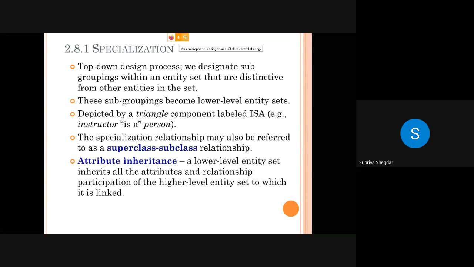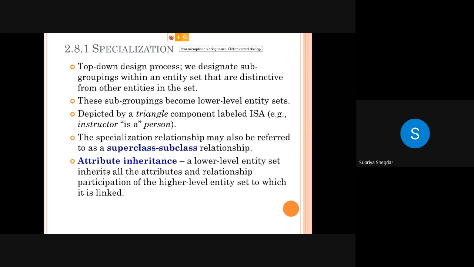In specialization, we designate subgroupings within an entity set that are distinctive from the other entity sets. We move from top to bottom and find the subgroupings of a single entity set, and these subgroupings become the lower level entity sets.